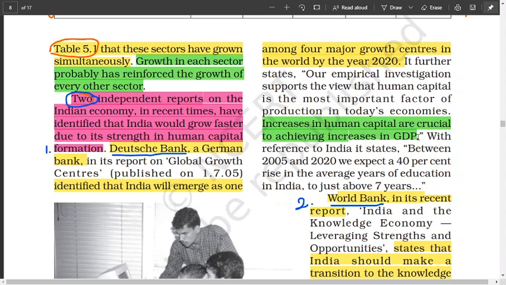What Deutsche Bank said is that India will grow, meaning it will develop, economic development, economic growth. Why? Because it has human capital formation, which is going strong. So if it can increase the human capital, India can become one of the major economic powers by 2020. That's the first thing that shows us the link between these two points we discussed: human capital and economic development.